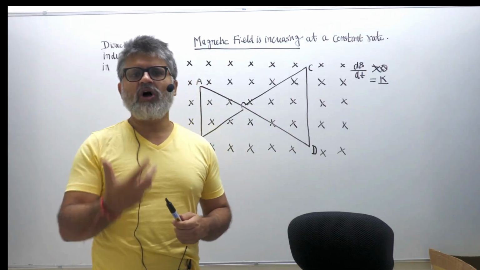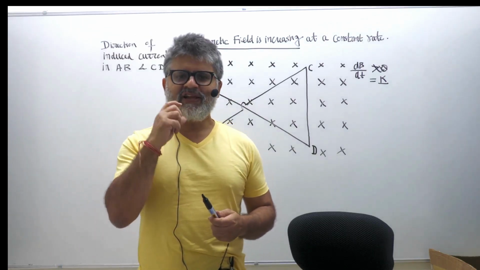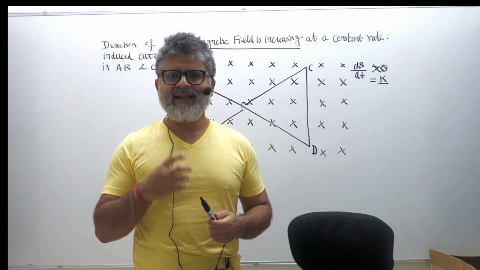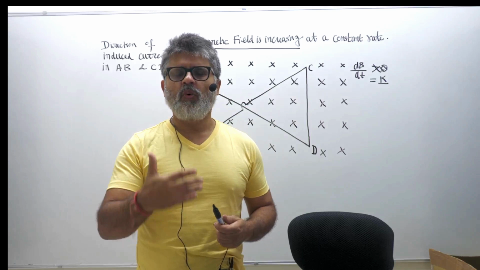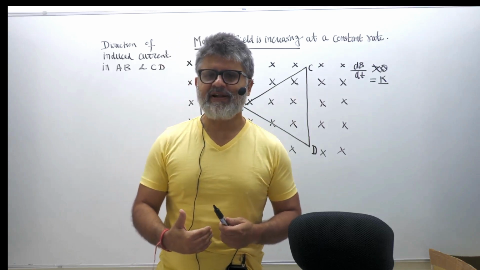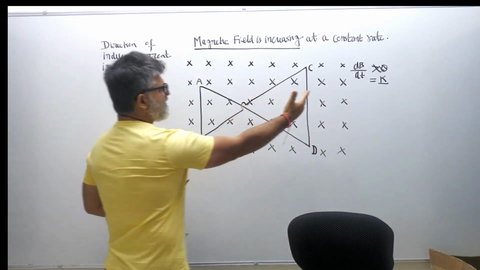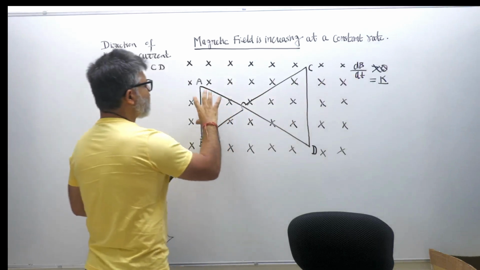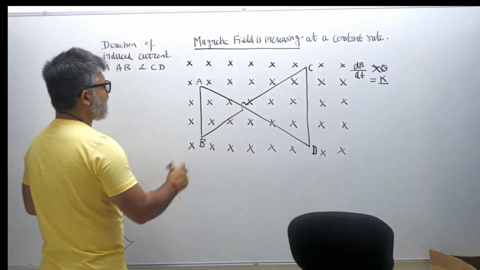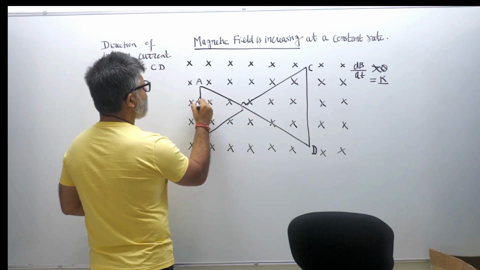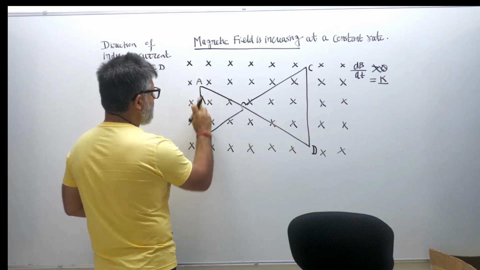Lenz's law will state that the very cause which is increasing the magnetic field has to be opposed. What is increasing the magnetic field here? So if I have to calculate the direction of the current, let me say the direction of the current which is induced in AB is upward.